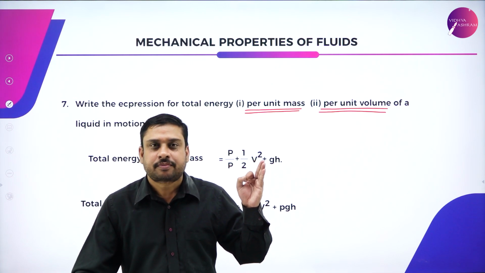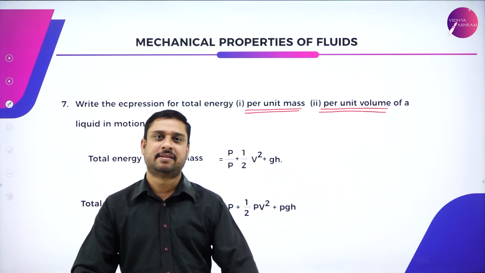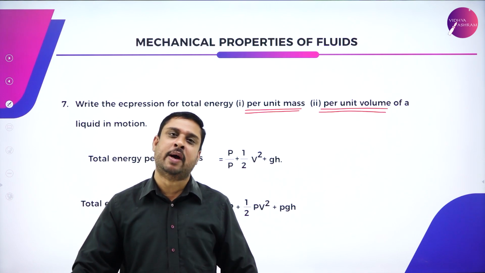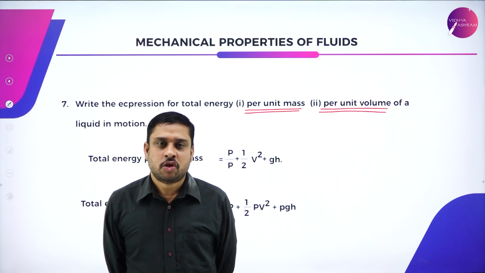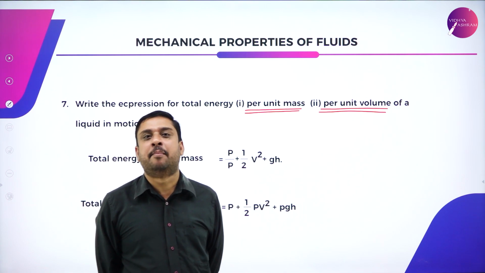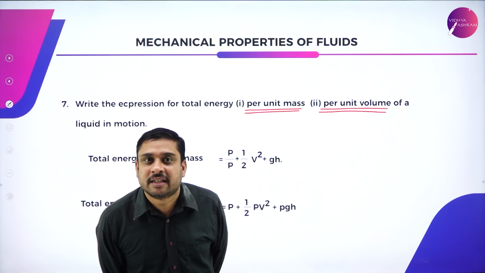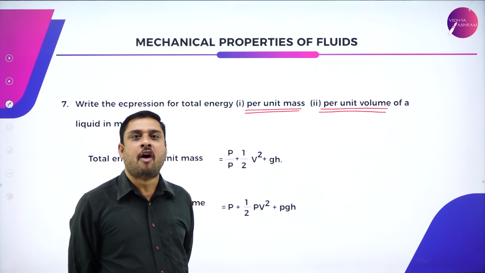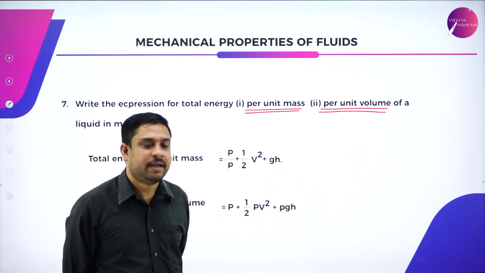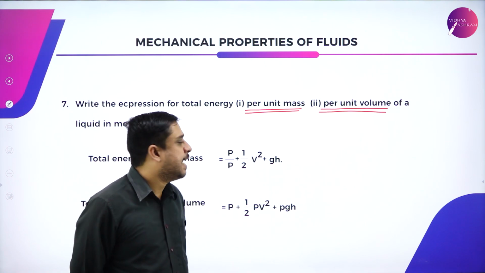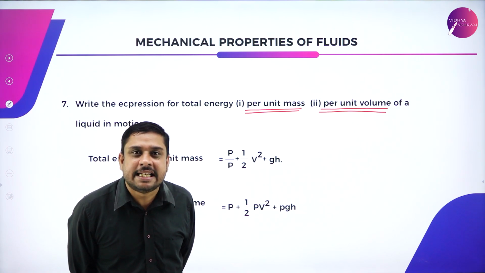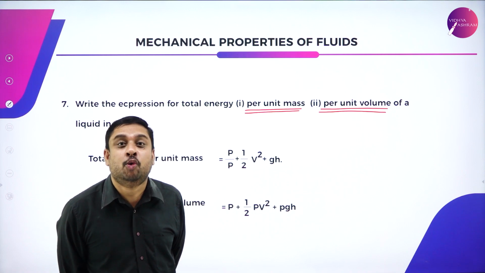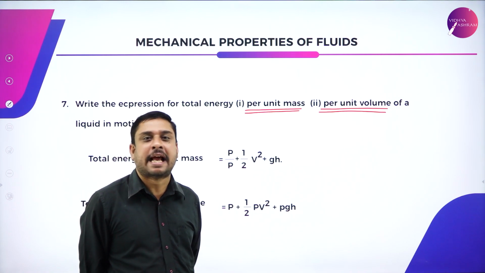For a non-viscous, incompressible fluid, non-viscous, incompressible, the so-called ideal fluid, the sum of its pressure energy, its potential energy, and kinetic energy per unit mass is always constant.